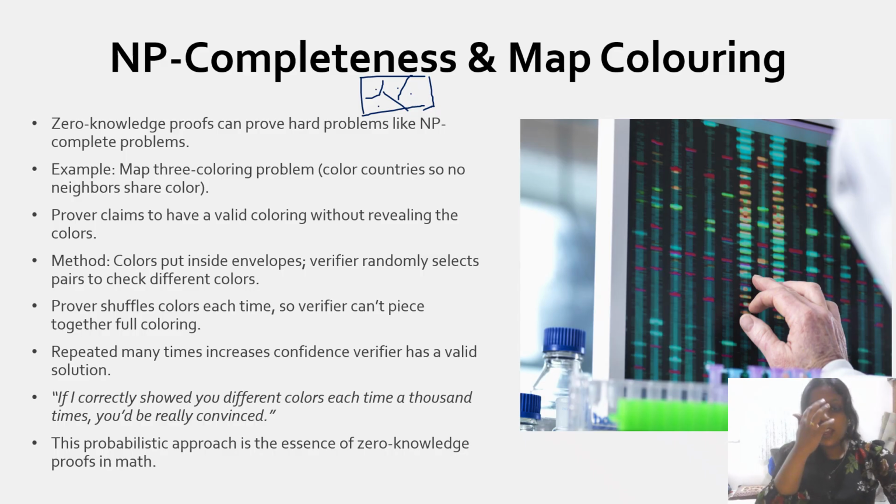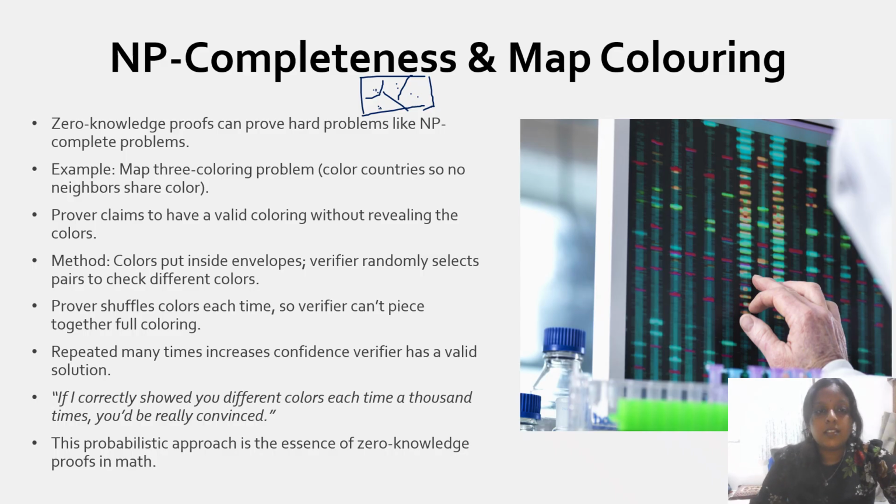Let's assume that I have filled the whole board with a valid coloring pattern. The pattern is such that no two neighboring countries share the same color. So here if I put green, it should be red over here and it should be blue over here, and here it cannot be blue again, it should be red. Because here it's green, it can be red only. It cannot be green, and it cannot be blue because its neighboring countries are blue. This is a type of NP complete problem.